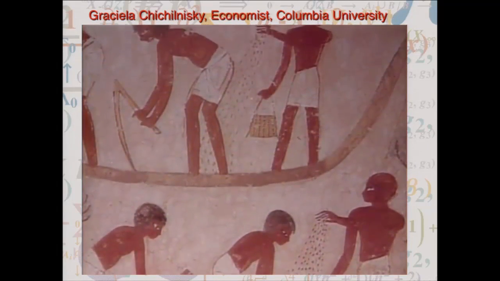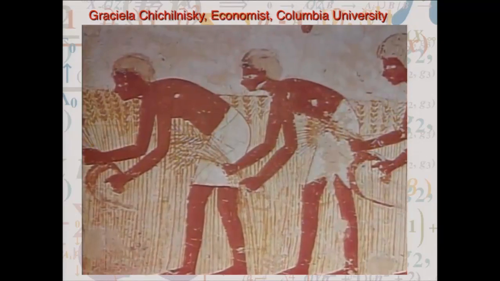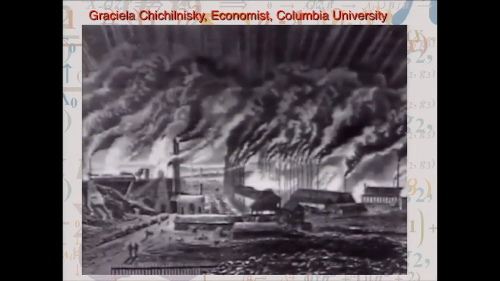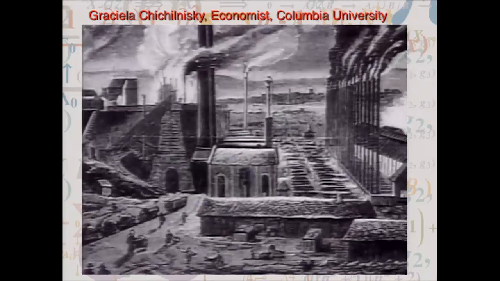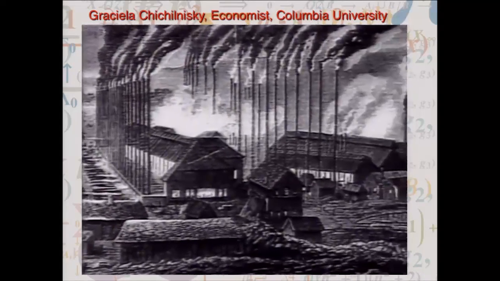In the second era, humans became farmers and they relied on controlling the land. In the third era, the industrial age, humans relied on the power of fossil fuels and machinery to drive the economy.